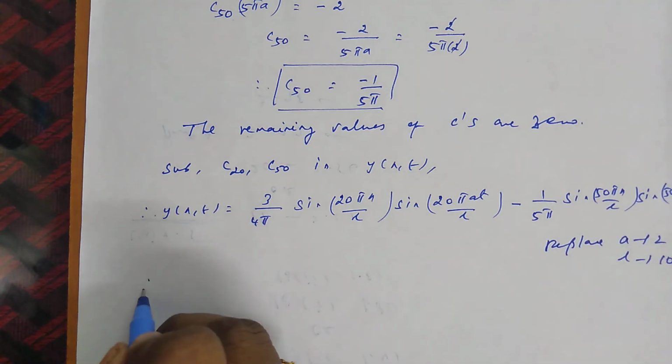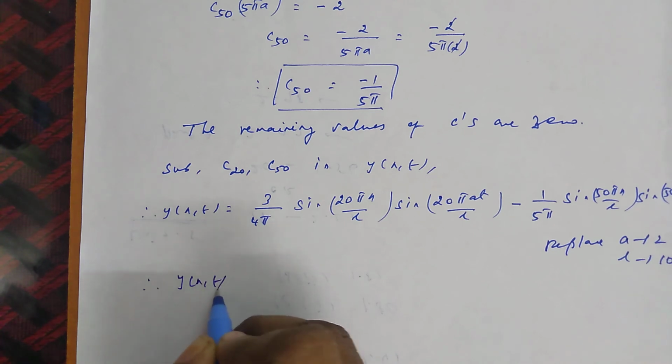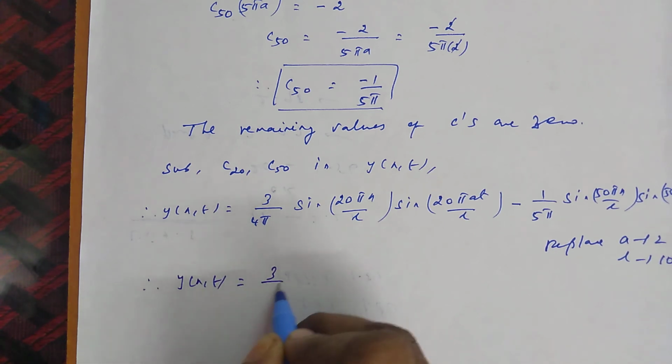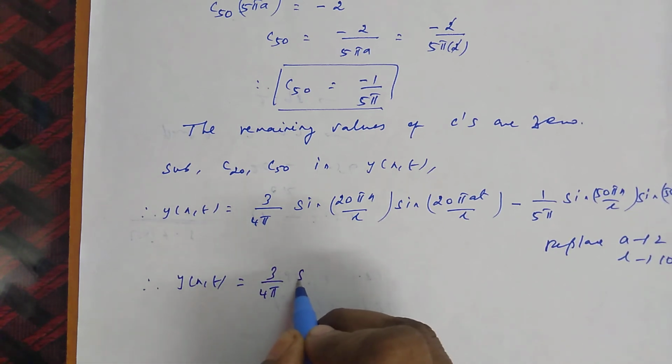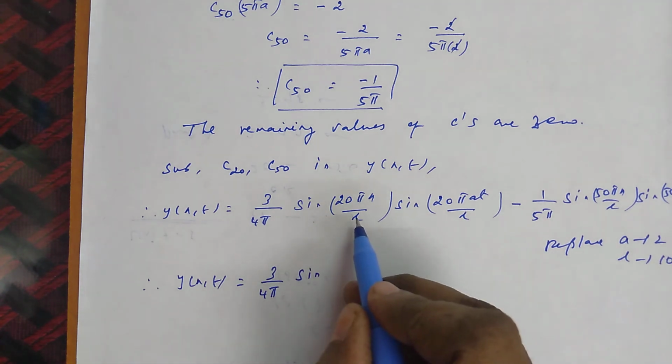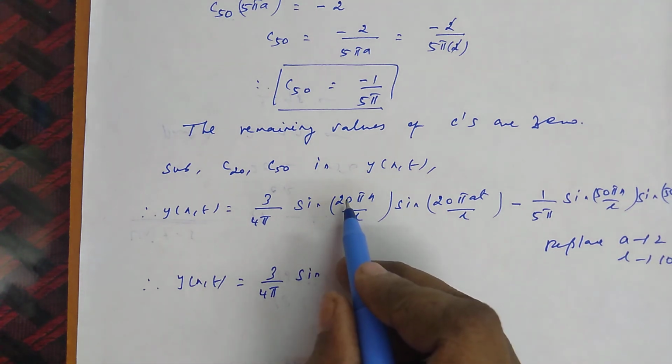Therefore our required displacement function y of x comma t equal to 3 by 4 pi into sin, when you are substituting L is equal to 10, we can get 2 pi x.